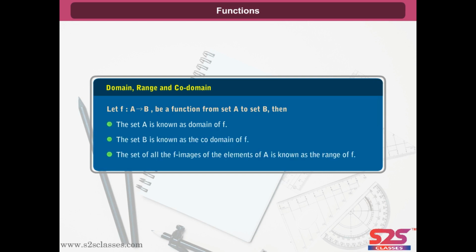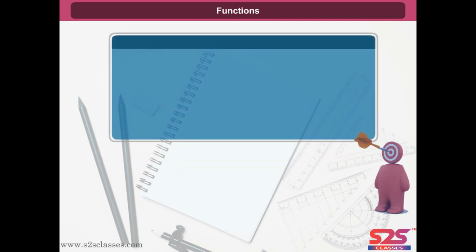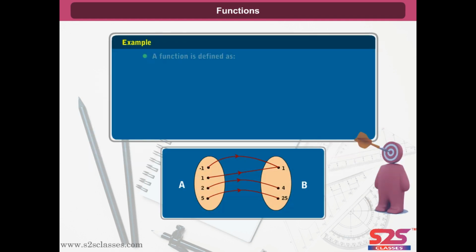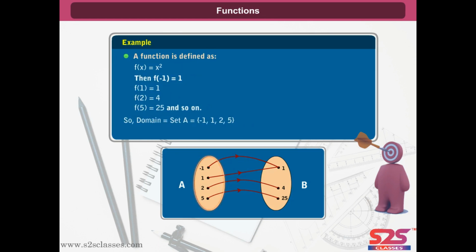The set of all the f images of the elements of A is known as the range of f. Look at this example that we discussed earlier. By looking at the mapping, we conclude that the domain is equal to the set A and the codomain as well as the range is equal to the set B.